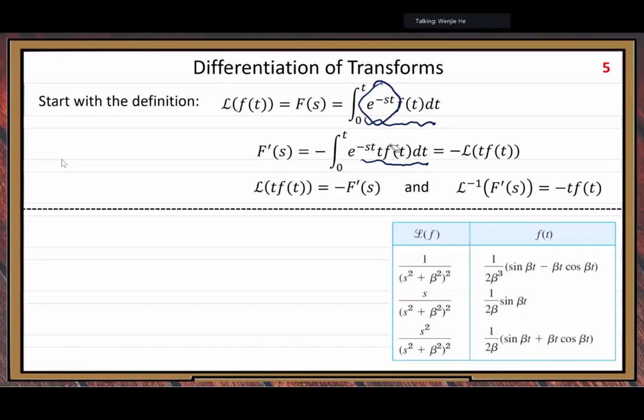The good thing is you can apply this formula to calculate some relatively complicated Laplace transform or inverse Laplace transform.